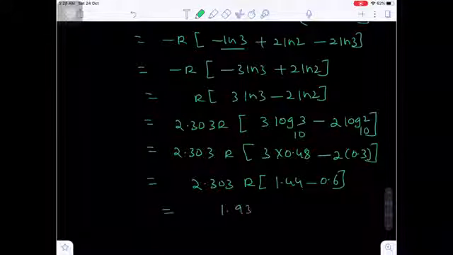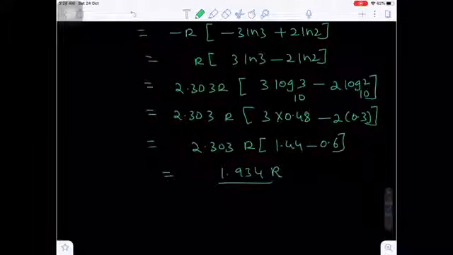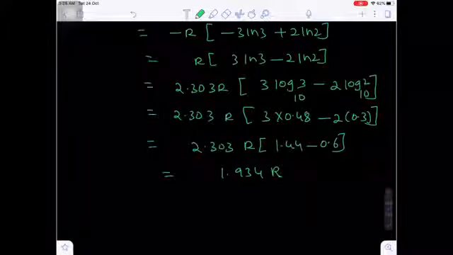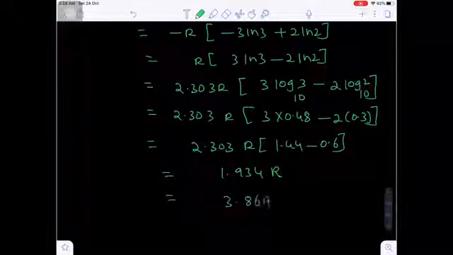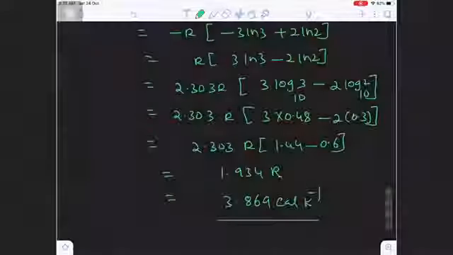So final answer will be 1.934 capital R. Suppose if you take the capital R value in terms of calories, you will get 3.869 calorie per Kelvin.